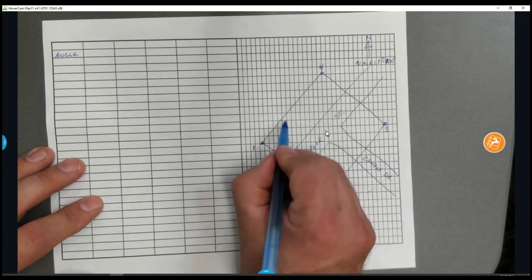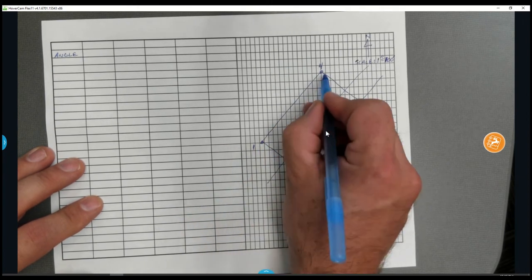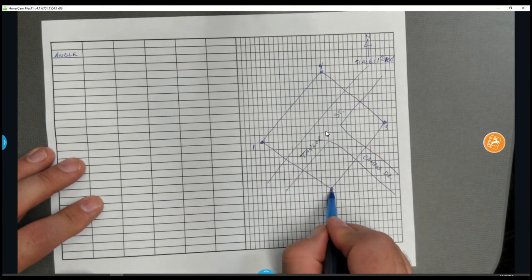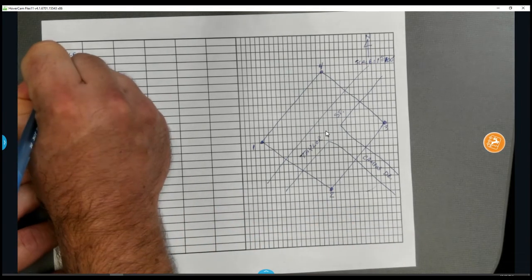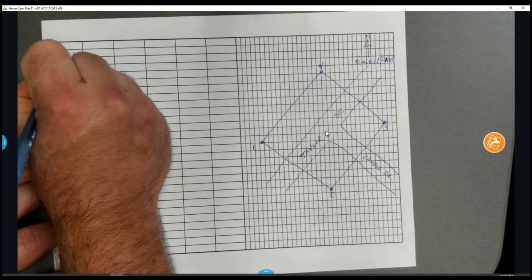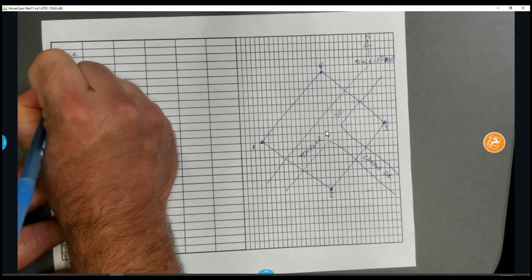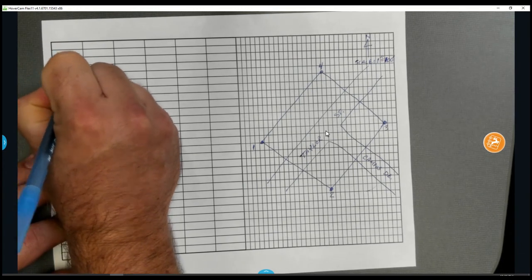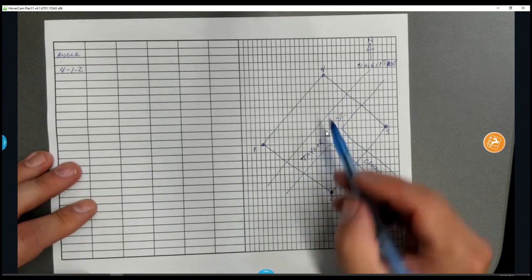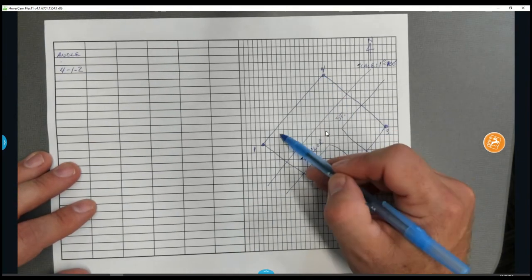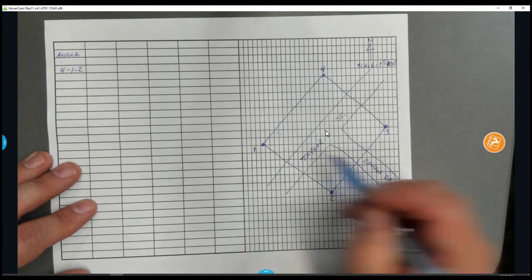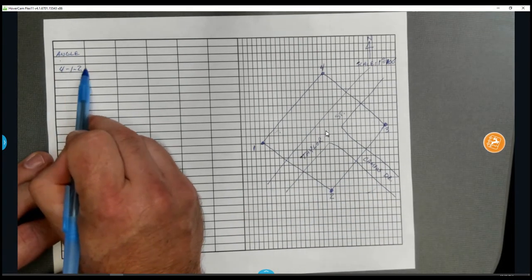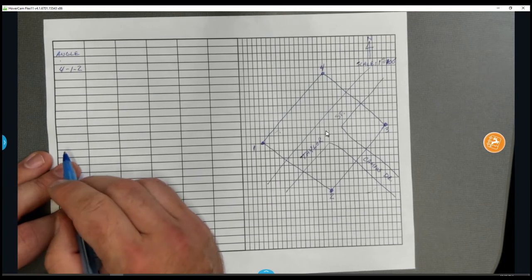So sitting on 1, backsighting 4, and foresighting to number 2. The angle is derived as 4, 1, 2. 4 is the backsight, 1 is the occupied point, 2 is the foresight.